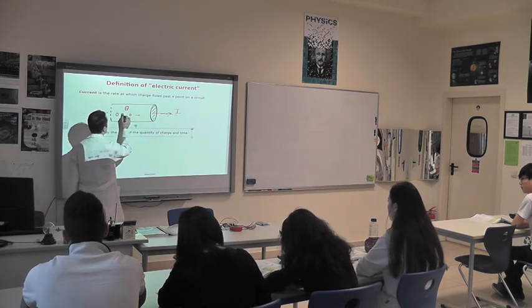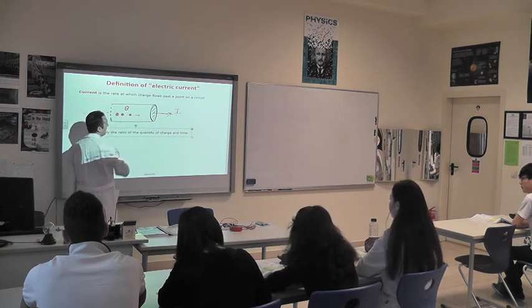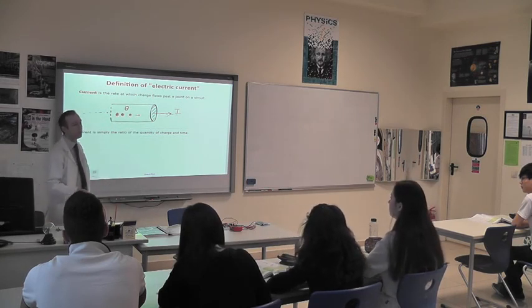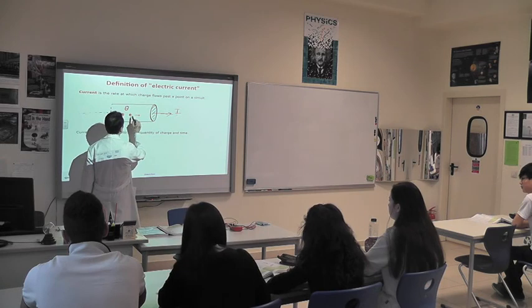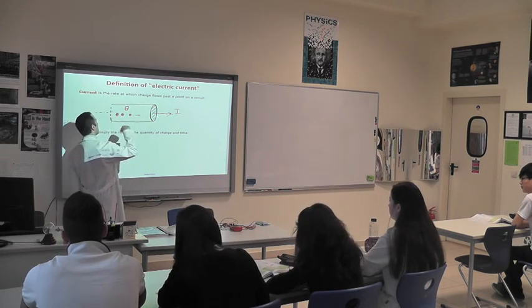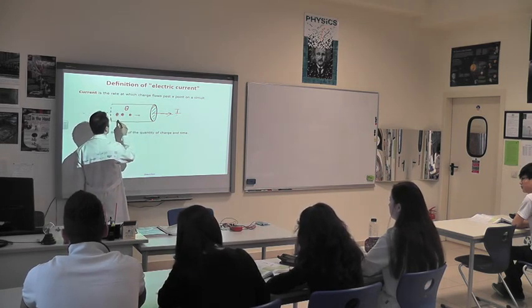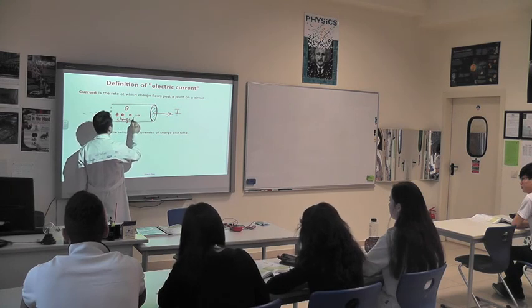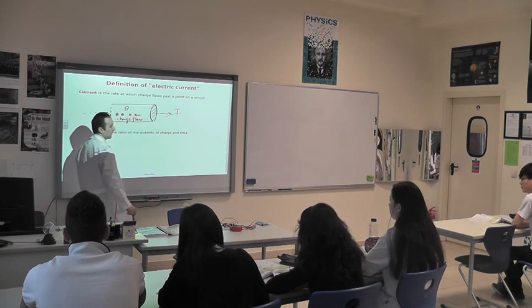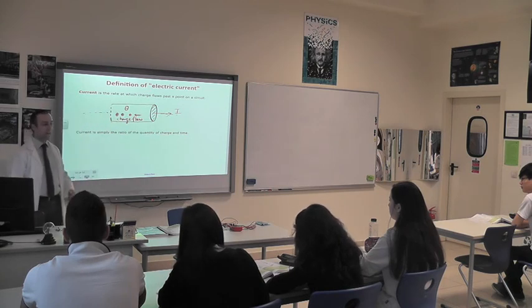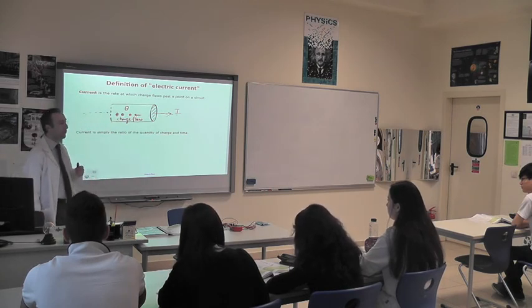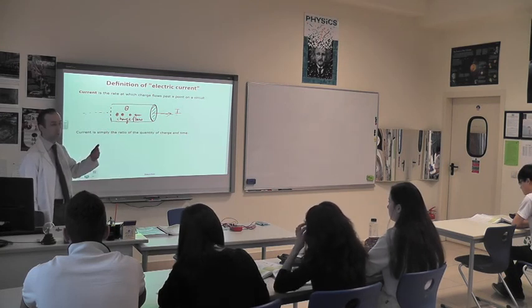What are those particles that flow in the conductor? Are they electrons? Electrons, yes. Electrons actually run in a different way. So, when electrons flow through a conductor, we say there is a current flow.